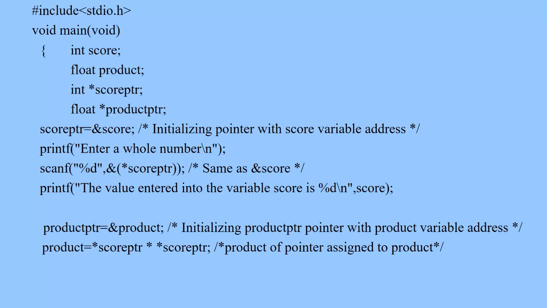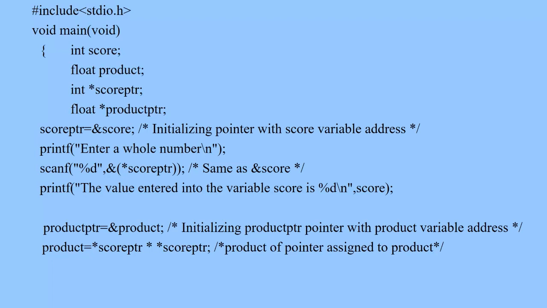In other words, it simply means: read the value which is being indirectly referred to by the pointer called score pointer, multiply it with the value which is being indirectly referenced, or pointed to, by the pointer called score pointer. So the product of the two is stored in product.